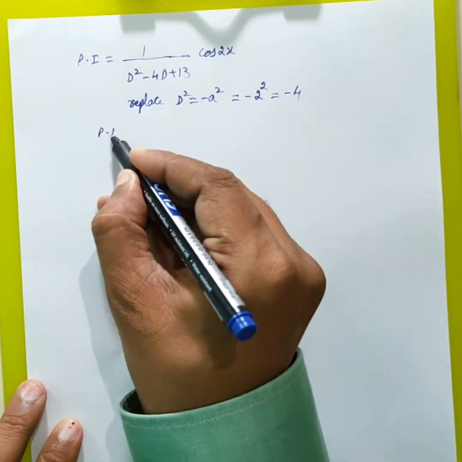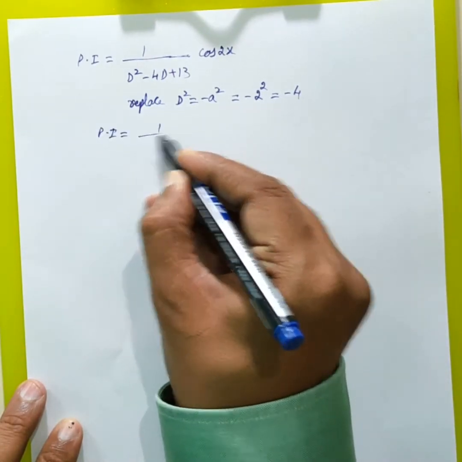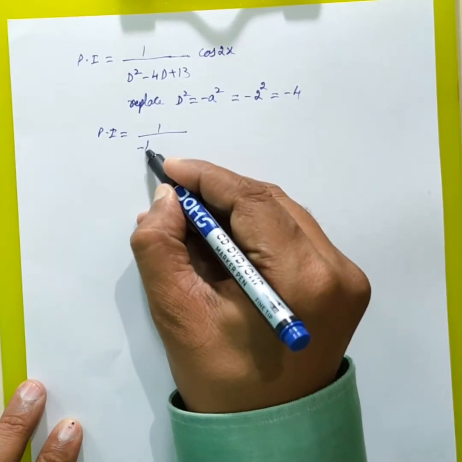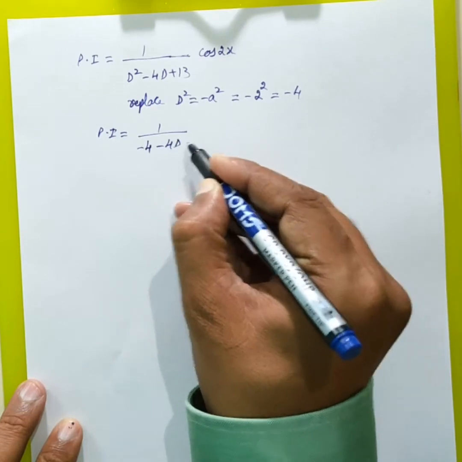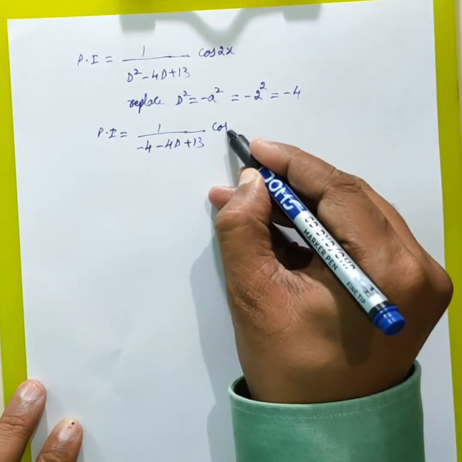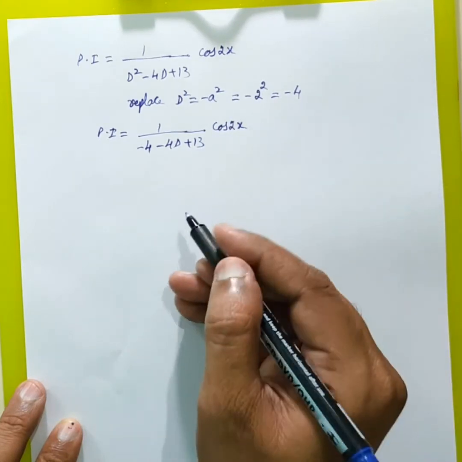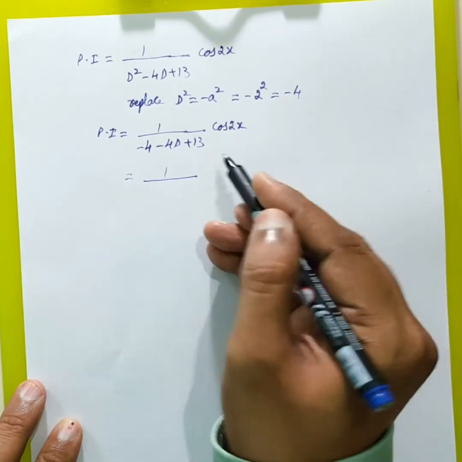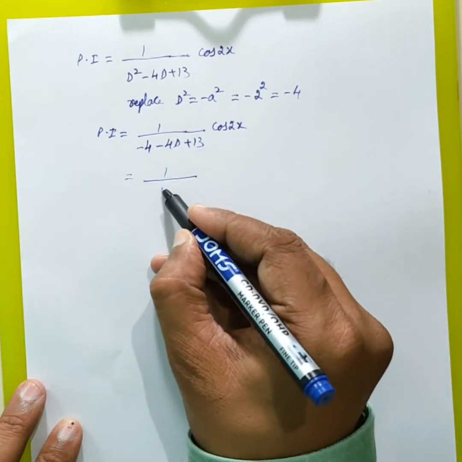So we get the particular integral equals 1 by, D square value is minus 4, so minus 4 minus 4D plus 13 times cos 2x. So 13 minus 4 will be 9.